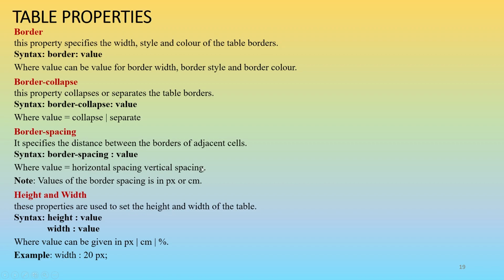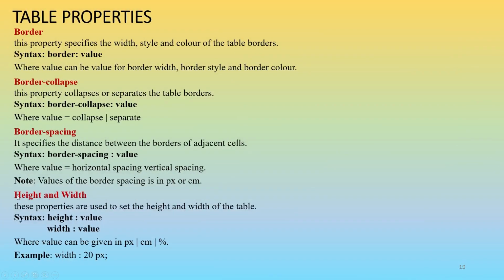Horizontal spacing is the space between the two cells horizontally, and vertical spacing will be the spacing between the two cells vertically, meaning the cell of the above row and the cell below that. Note, values of the border spacing are in pixels or centimeters.